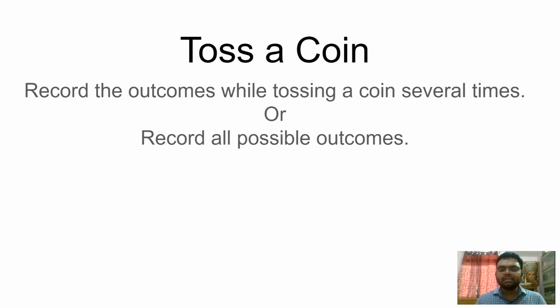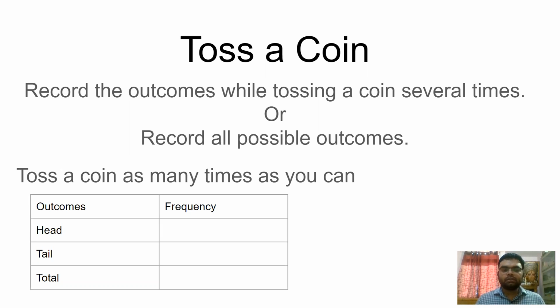And the second one is to record all possible outcomes and try to find out the chances based on those outcomes. So let us suppose we toss a coin several times and we want to measure the probability of getting a head.